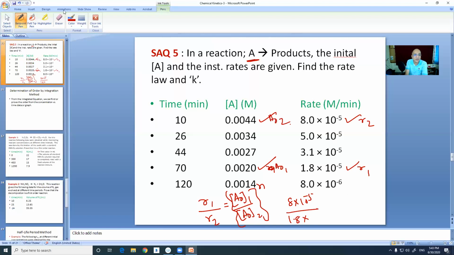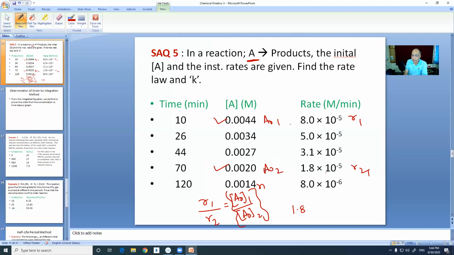Right? Because it will be better for us if we keep higher values in the numerator. No, this is lower. What we did before was correct. Let us take this as R1, this is R2, this is A01, and this is A02.